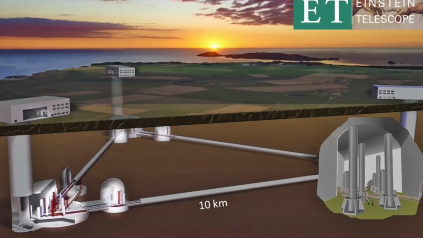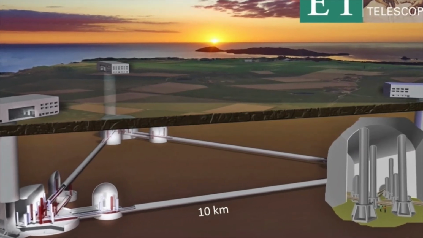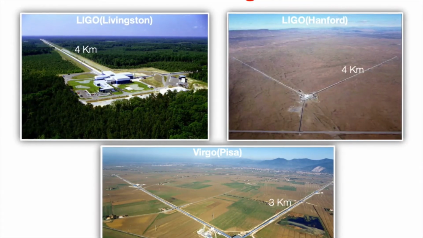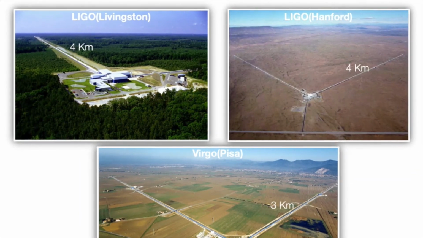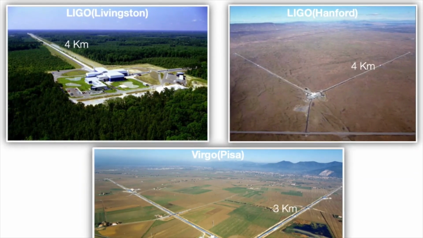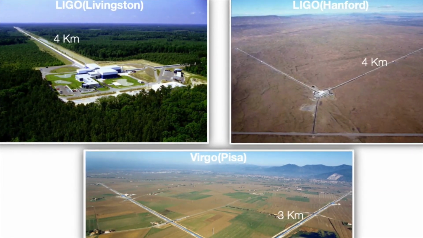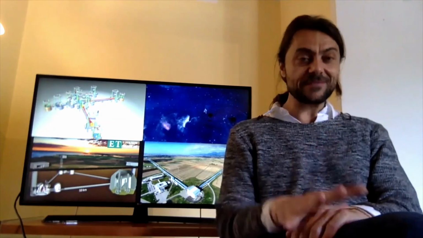The Einstein Telescope will build on the success of the current second generation of gravitational wave detectors, Advanced Virgo and Advanced LIGO, whose breakthrough discoveries in the past 5 years opened a new era of gravitational wave astronomy.